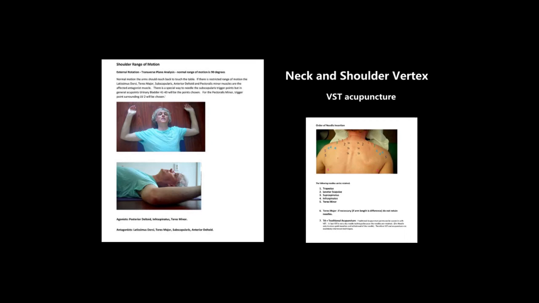For pectoralis minor, trigger point surrounding lung 2 is chosen. So you'll see I have a slight restriction in this picture on my external rotation where my arm is not quite touching the table. So that's maybe an 85-degree angle.